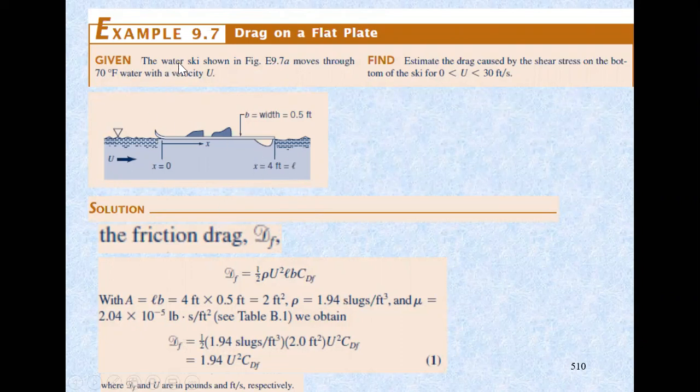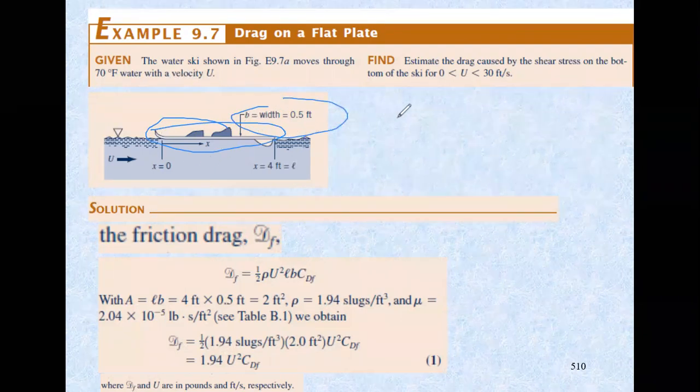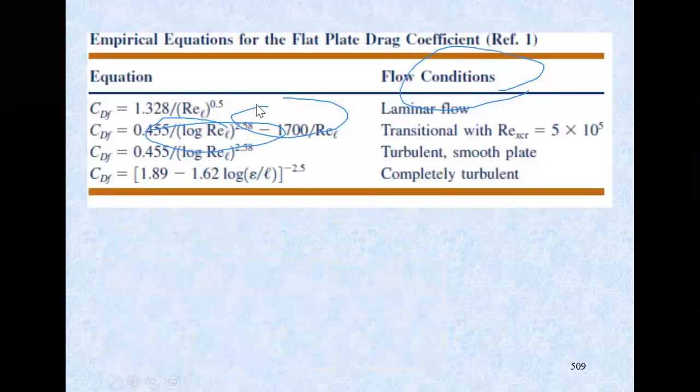You have the water ski. So this is water, and then you have the ski over here, and given width, given the length also. You have the fluid properties, and you need to calculate the drag caused by the shear stress on the bottom of the ski for various velocity. So you're going to implement any of these equations for laminar, transitional, turbulent, for example.